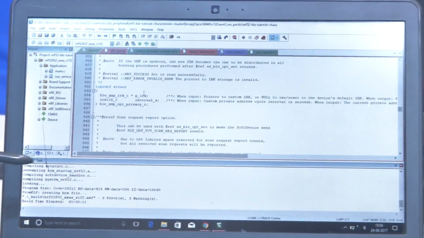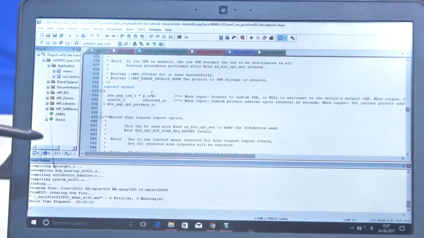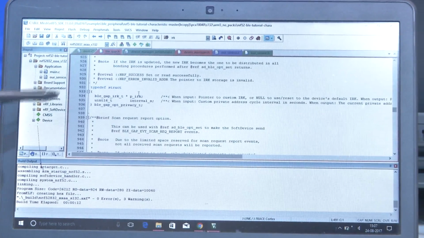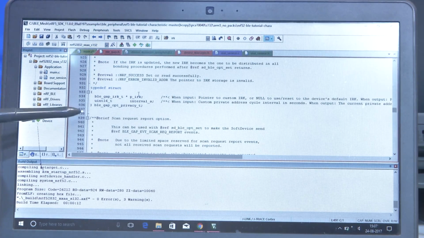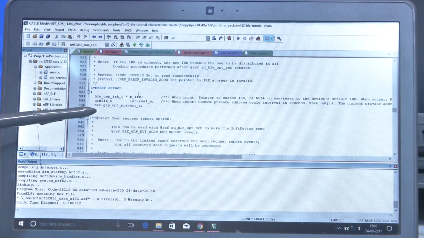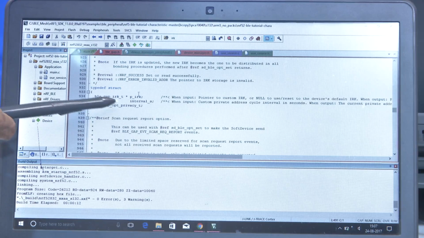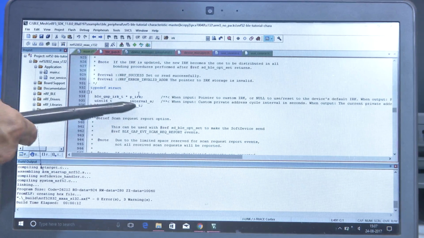This nice screen for us is using the Keil platform. It is meant for the Nordic nRF series of SoCs. I want you to look up this particular part in the C code where you are talking about the IRK and the interval.